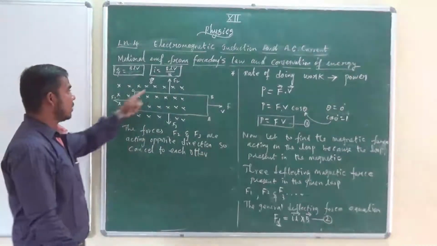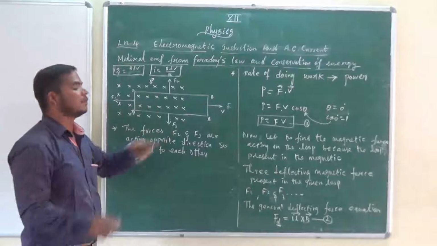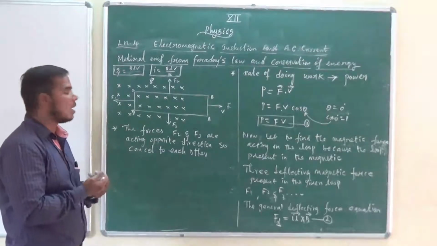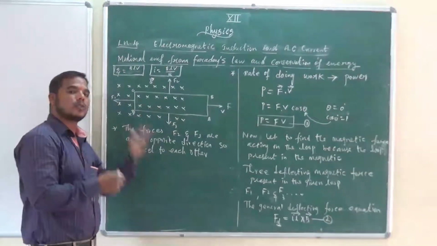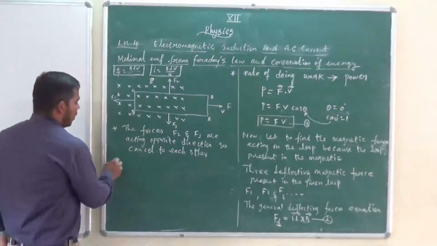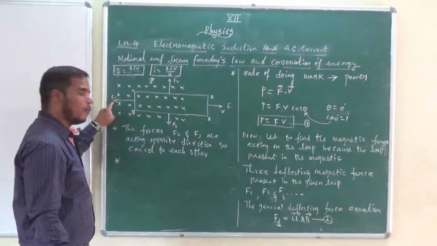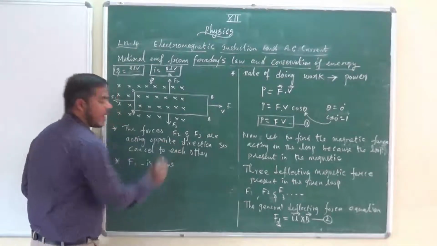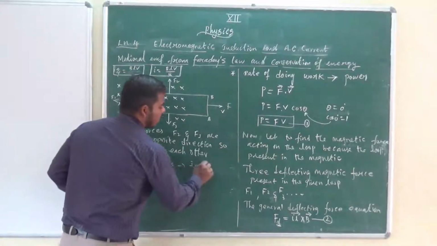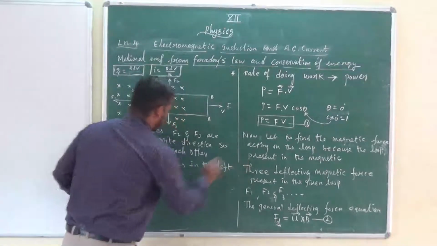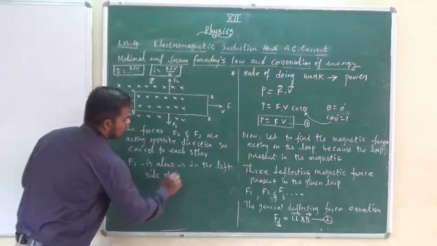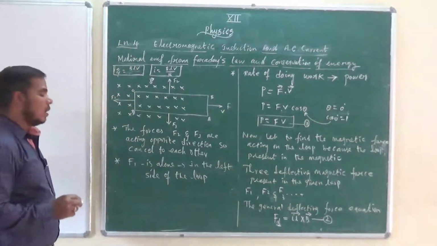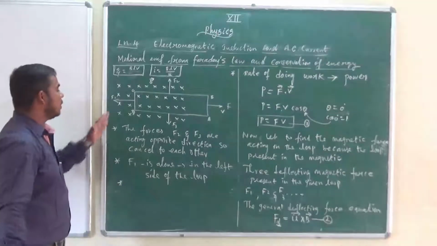Suppose, for example, F2 is 5 Newton and F3 is also 5 Newton: equal forces acting in opposite directions cancel each other. Got it? What is the remaining force? Only F1. The force F1 is alone, on the left side of the loop.